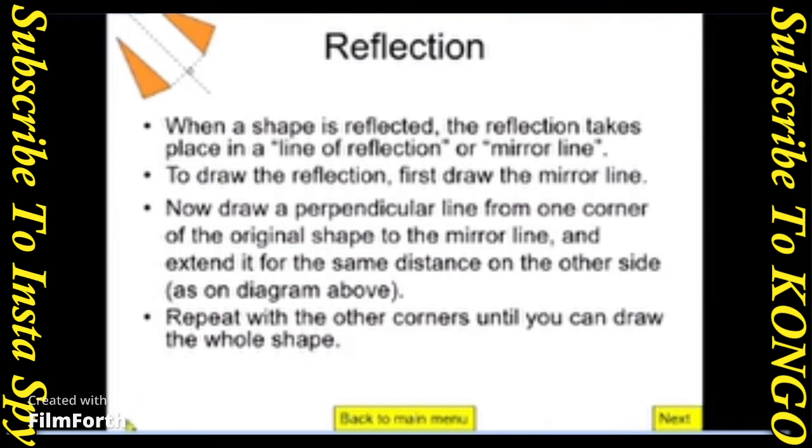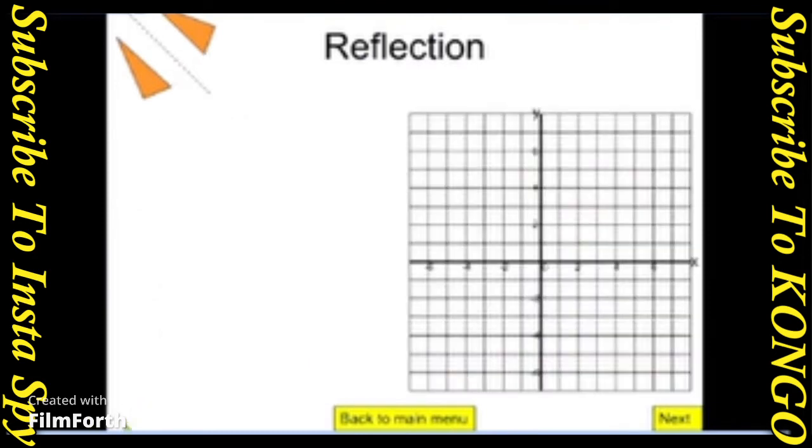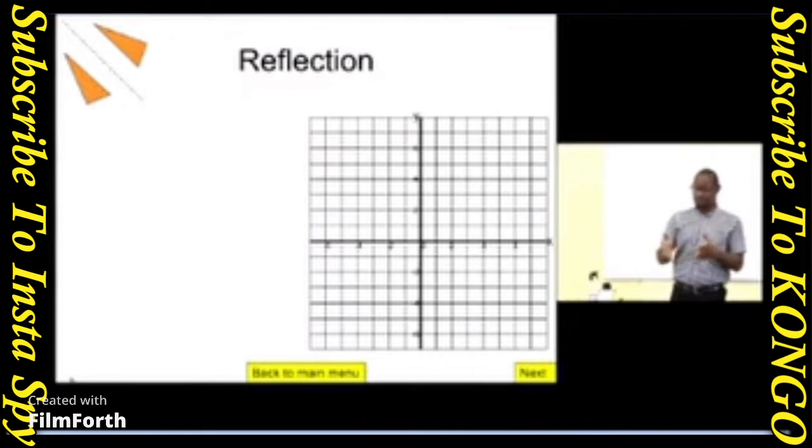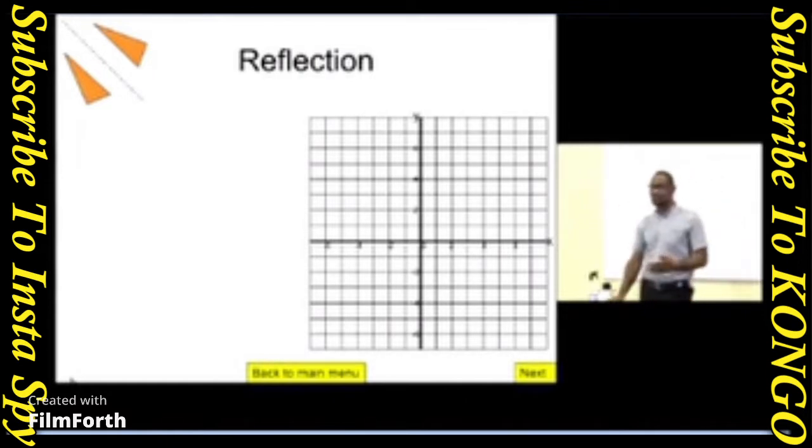So let's go into what a reflection actually looks like. Notice most of the examples that I'm giving involve using the graph, because CXC in these newer times after COVID, the emphasis is on visual representation of the graph, putting the object on it, and then sometimes the image, and then asking you several questions in terms of what is happening.